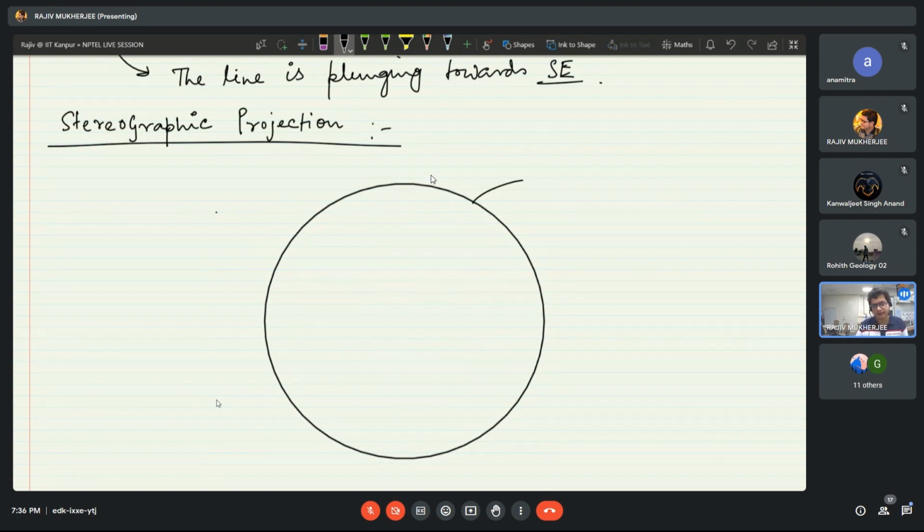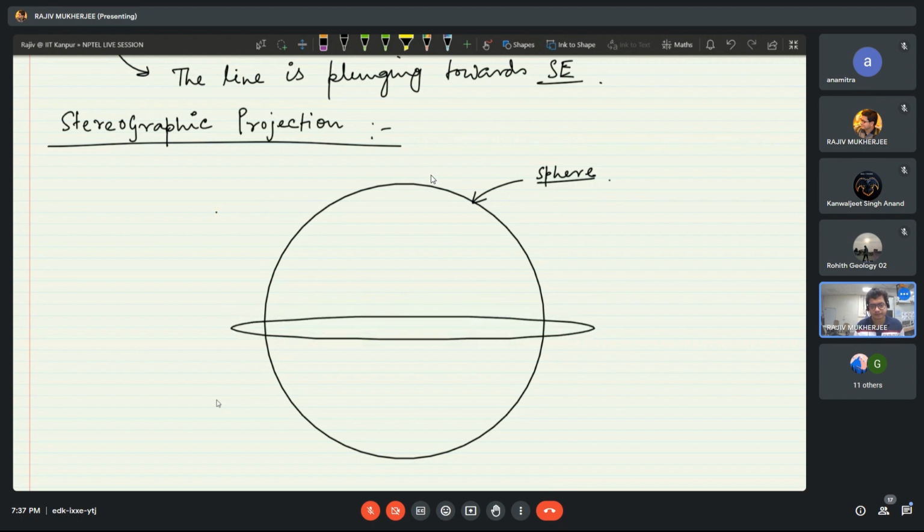If this is a sphere, we can project any three-dimensional structure present inside this sphere on a two-dimensional plane. A two-dimensional plane would generally be a circle. Since we are looking in a three-dimensional way, it appears like an ellipse, right?